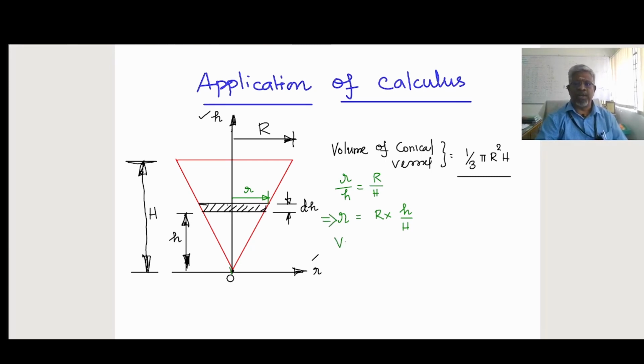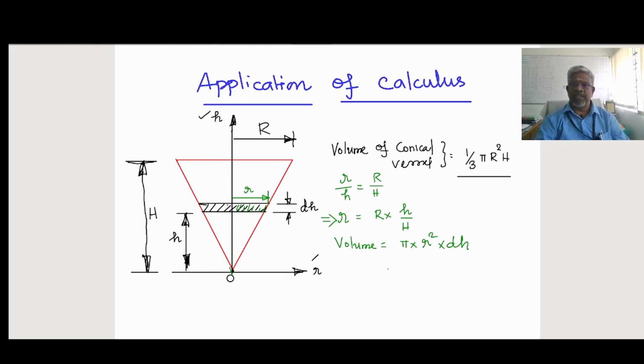So the volume of this small element, the small strip, I can calculate easily as a cylinder, because dh is infinitesimally small, so the variation of radius small r within that element is negligible. That is, r is constant throughout this small volume. So this volume is equal to pi r square dh.